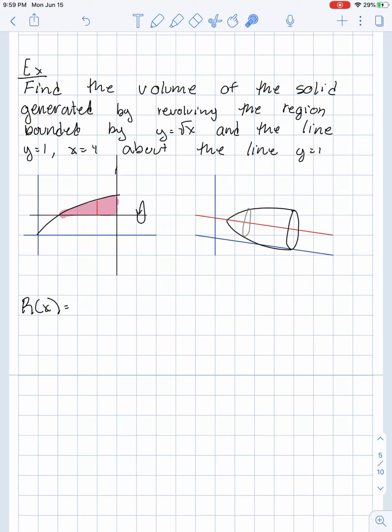So that little red bar right here, that's always going to be from this point to here, x equals 4. That's going to be a radius. So that's going to be my top minus my bottom. So that's the square root of x minus 1. Okay?